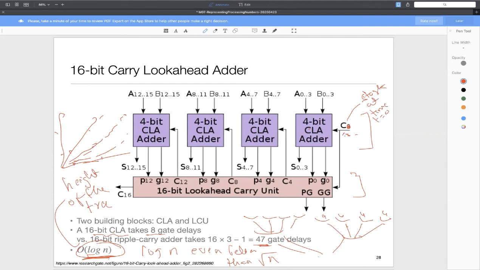These CLAs, these carry look ahead adders, are actually pretty costly, even more area. So unless you are doing additions of like 64-bit or 128-bit, it's probably not worthwhile. For smaller adders, maybe carry select might do the job perfectly fine.